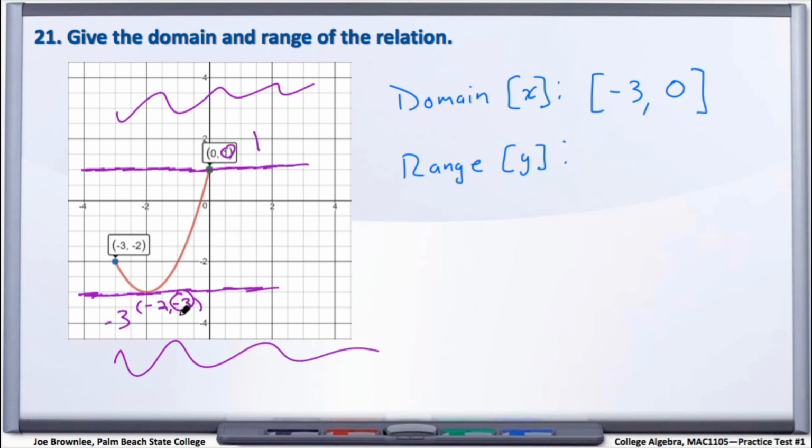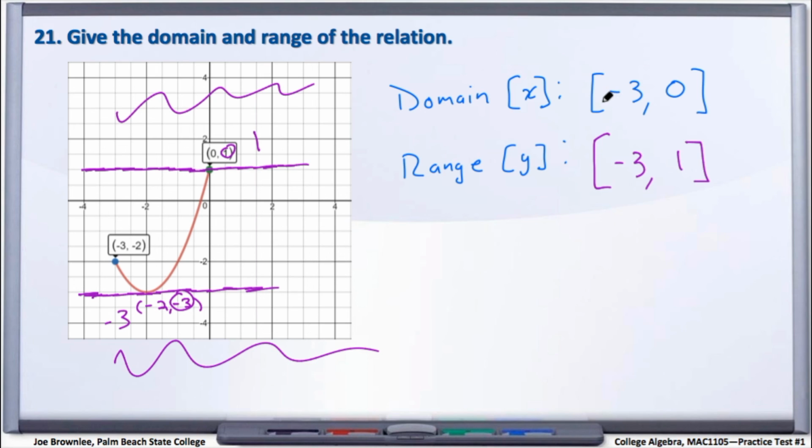right? And so we can say then that the range, and normally we write smallest to biggest, so we'll say -3 up to +1, and that is our range. So, you know, sometimes people will get confused. These are not points. This is not (-3, 0). This is not (-3, 1).